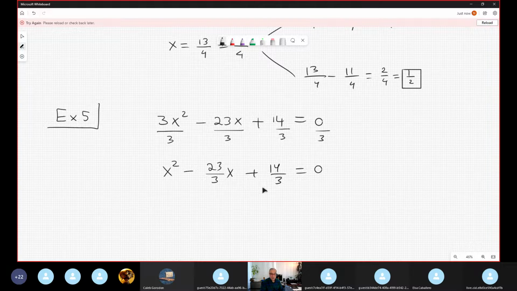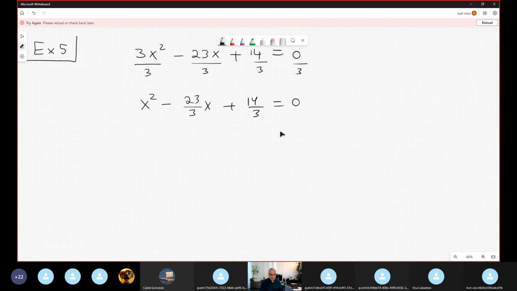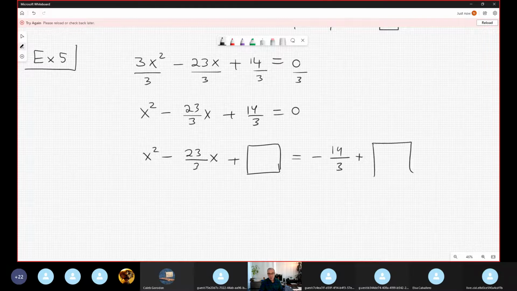Now, let's do the thing you said before. You move 14 over 3 to the other side. So x squared minus 23 over 3 x plus a box, completing the square, equals minus 14 over 3 plus the same box. The formula is b over 2 squared, right?